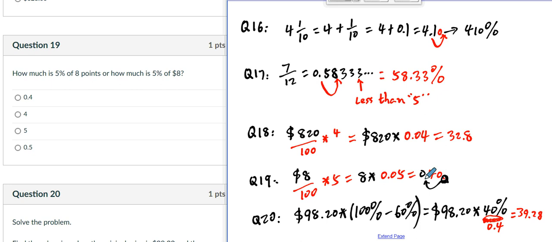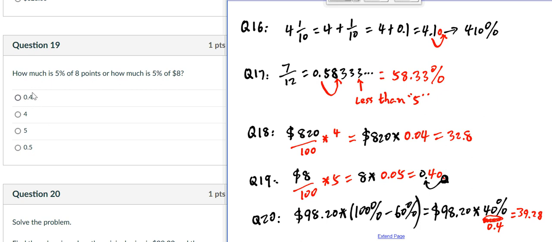So the final answer is 0.4, or you may say $0.40. Everyone knows $0.40 is 40 cents. So this makes more sense. The answer is 0.4. That would be this one.